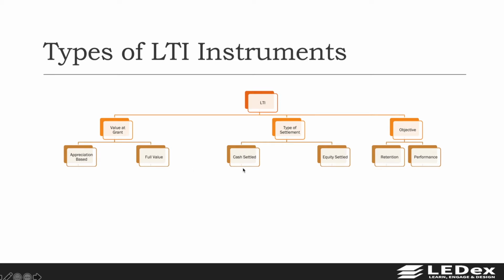In terms of settlement, settlement essentially refers to how the award is given whenever it is earned. You could have cash settled long-term incentive awards, which means the award is given to the individual in the form of a cash component, or it could be an equity or stock settled LTI award.